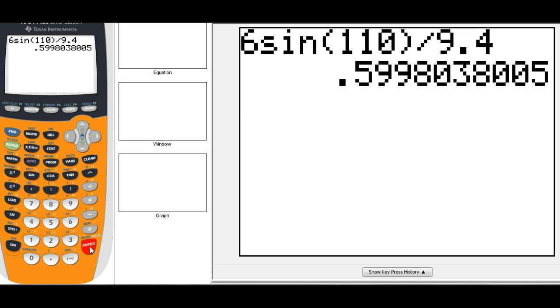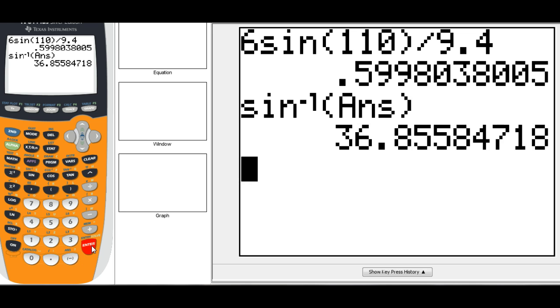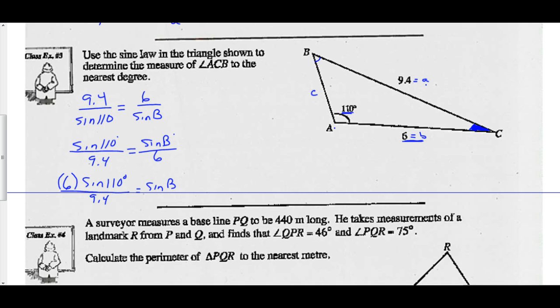If I want to find out what angle B is, I must now go second function sine of that value. So angle B should be 36.855847 and so on. So angle B was 36.8 degrees.